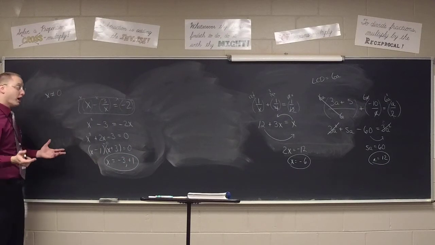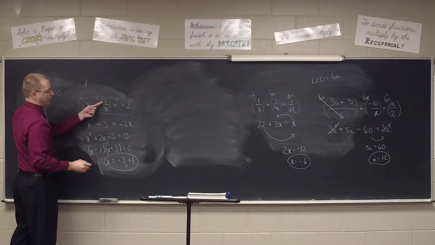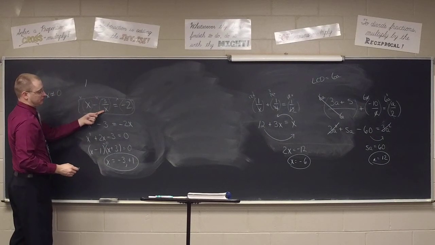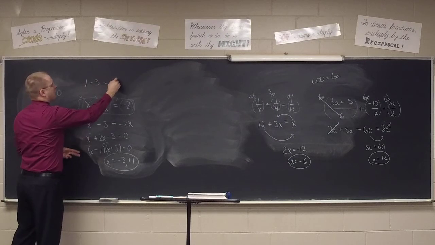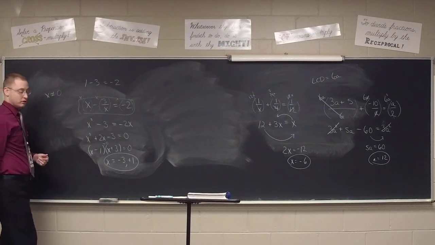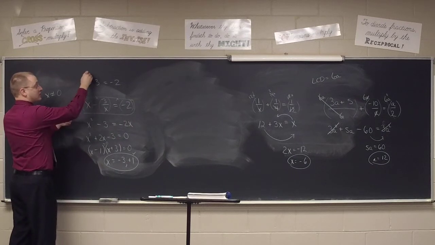Let's start with the 1 first, because that's easiest. We plug in a 1, obviously that's 1. What is 3 over 1? 3. So 1 minus a 3 equals negative 2, true or false? True. So the 1 checks out. Let's try the negative 3. Obviously, in place of x, that's just a negative 3.